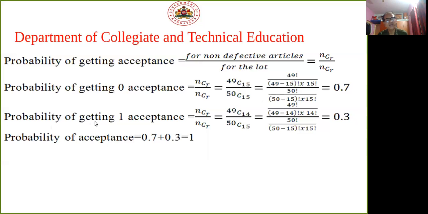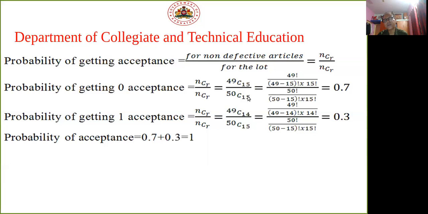Now, similarly, you need to find the probability of getting 1 defective. Once again, NCR by NCR. This is for the non-defective items, and this is for the whole lot. The whole lot will remain the same, but for the 1, the R will change. In the previous case, we took R equal to 15.